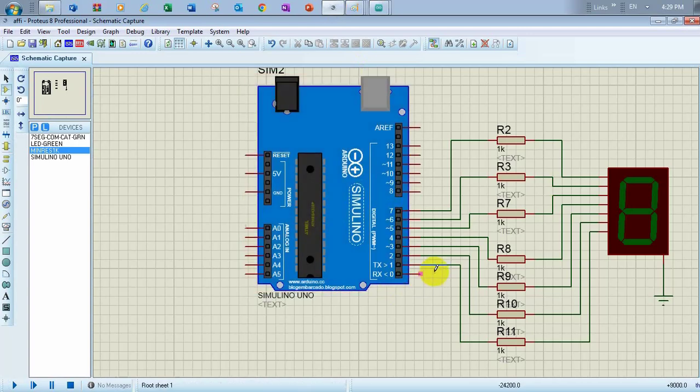Which instruction could we write? Do you remember it from the previous videos? It is pinMode. Yes, we write here pinMode.